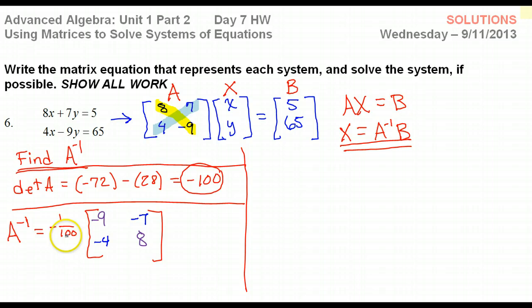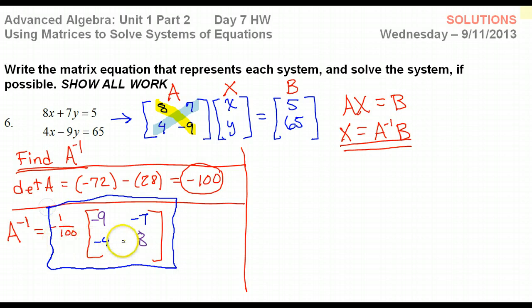Now normally I would take this 100 and divide all four of these things by it. That's going to make fractions everywhere, so I would recommend saving that for later. For right now, let's consider this entire thing as A inverse, the fraction and the reverse negate. So now we can come back over here.